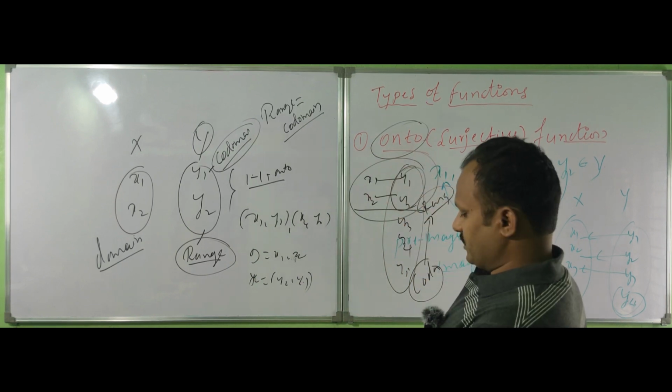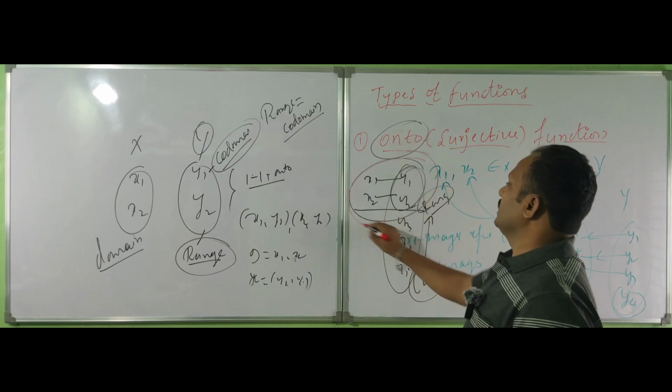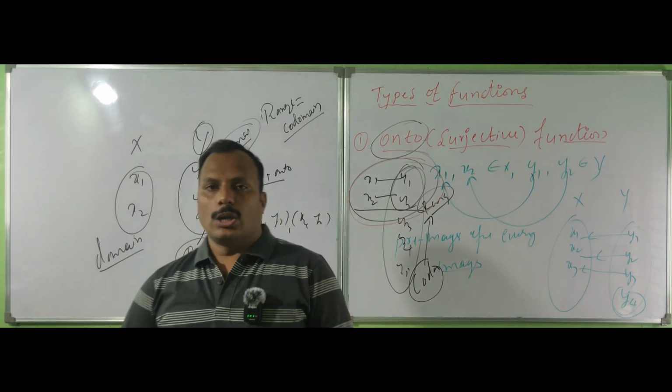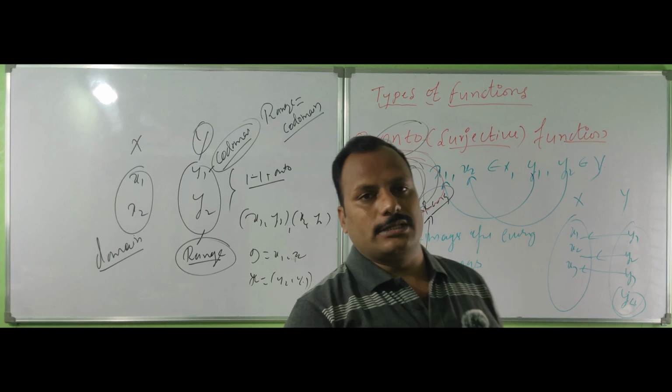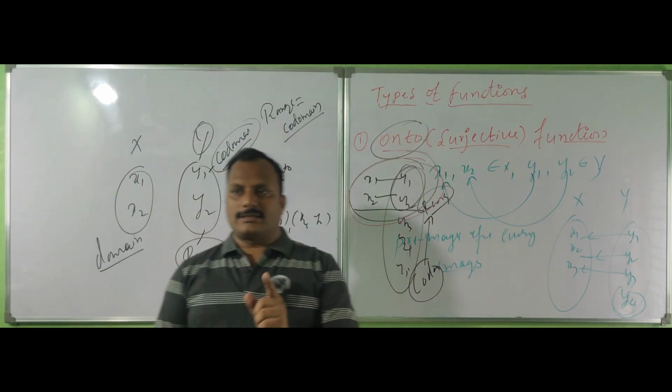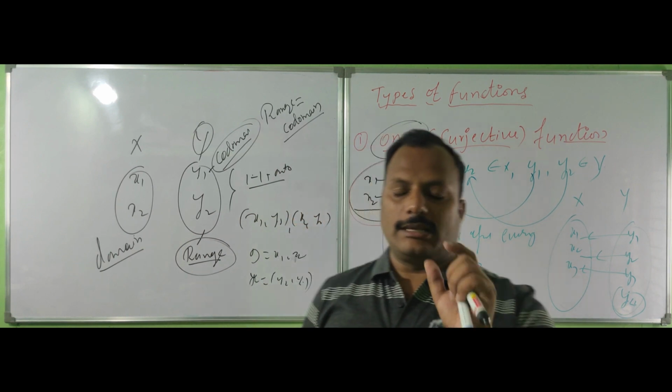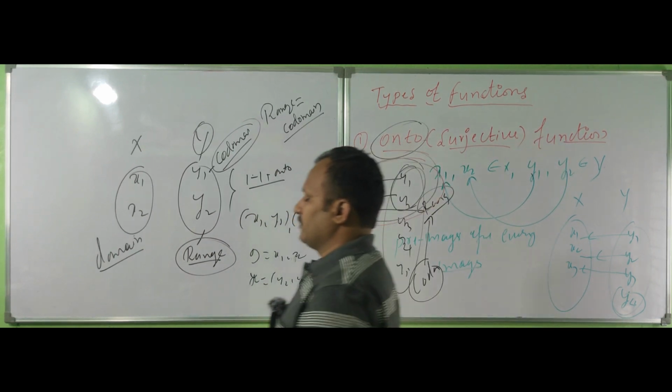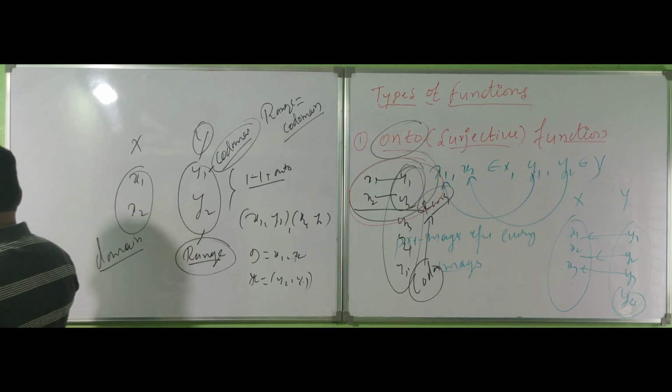Very important. Codomain becomes range, or range becomes codomain. The elements of Y are only the images of X. That is the onto function.